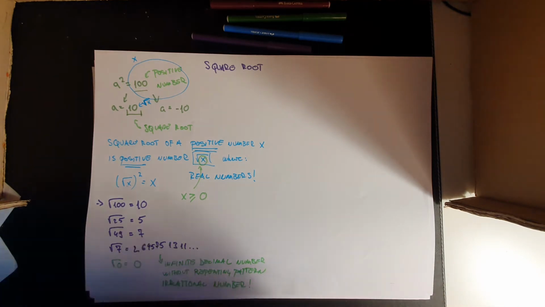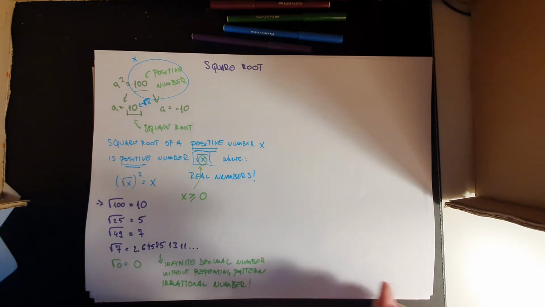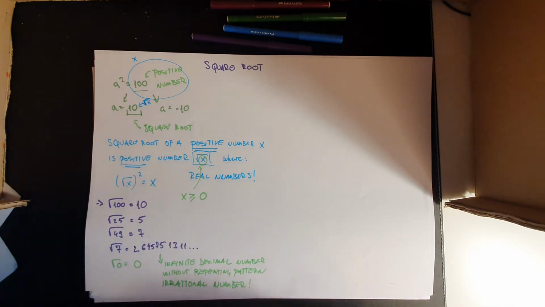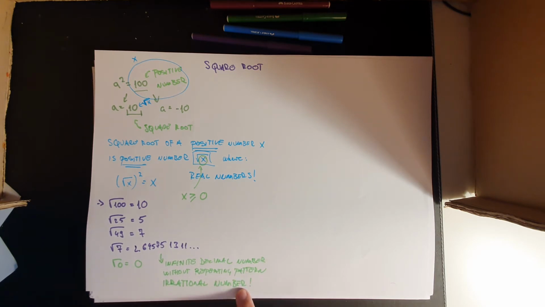Simple examples you can look at: square root of 2, square root of 3, square root of 5, square root of 6, square root of 7, square root of 8, square root of 10, square root of 11, etc. They all will be infinite decimal numbers without a repeating pattern, and they're all going to be called irrational numbers. Why is this important?